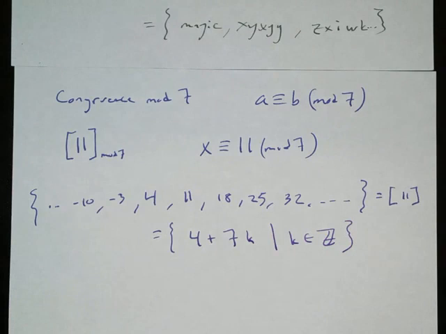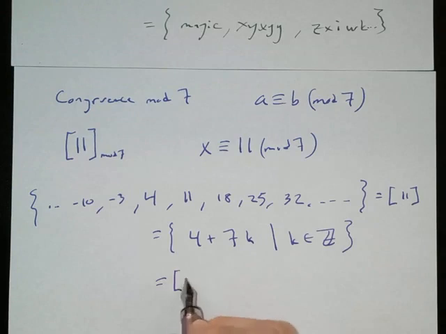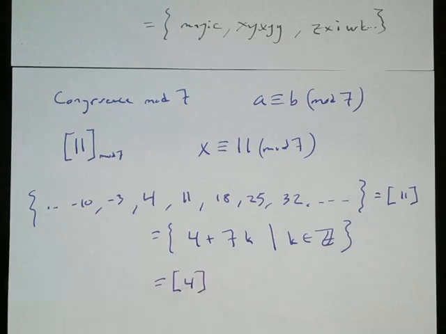Which is how we thought about mods in the first place. They were remainders. I'm saying that that entire set of numbers, every one of these, has a remainder of 4 when you divide by 7. Which means another thing I could call this is not just the class of 11, I could also call this the class of 4.